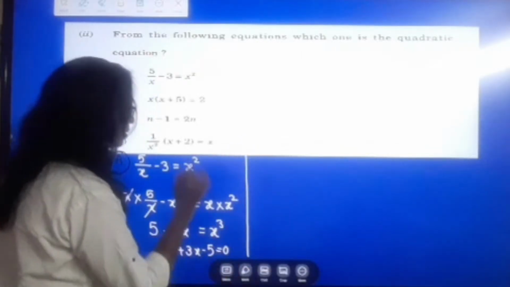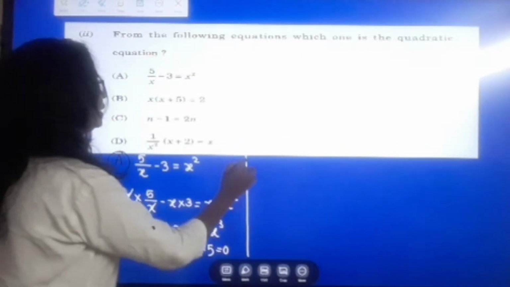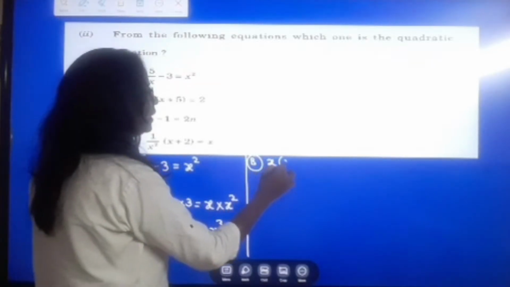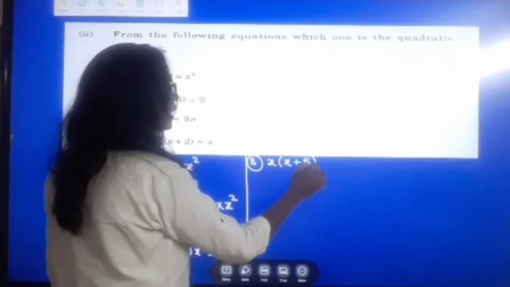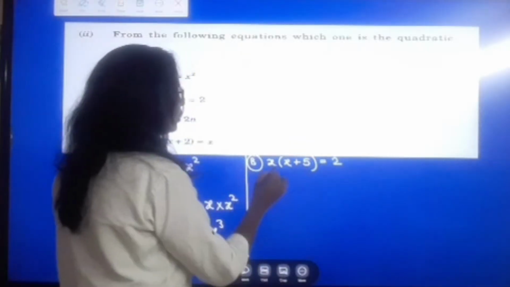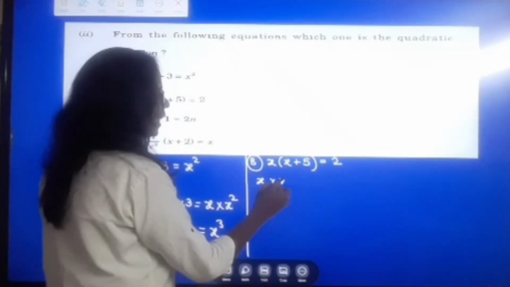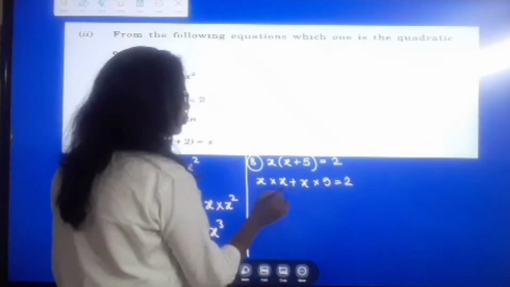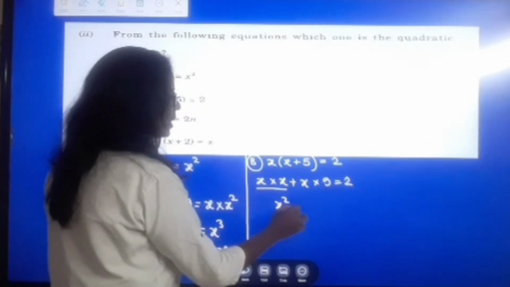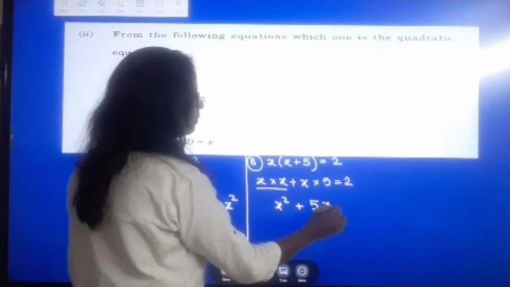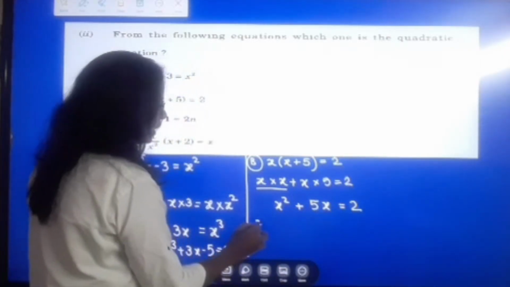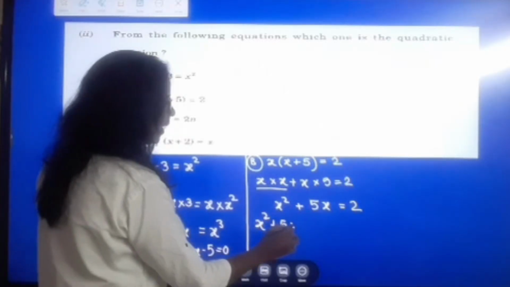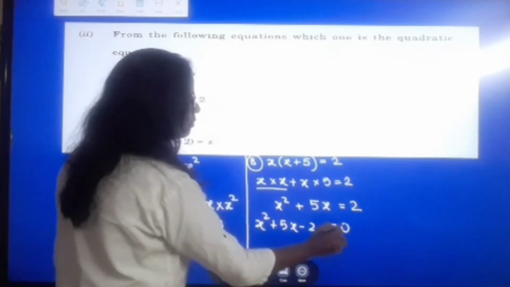Then the next one, option B: x multiplied by x plus 5 is equal to 2. That means x multiplied by x plus x multiplied by 5 is equal to 2. So x square plus 5x is equal to 2. The next step will be x square plus 5x minus 2 is equal to 0.